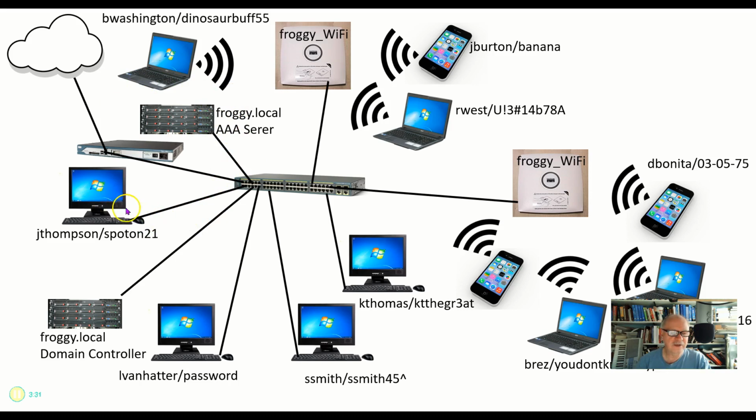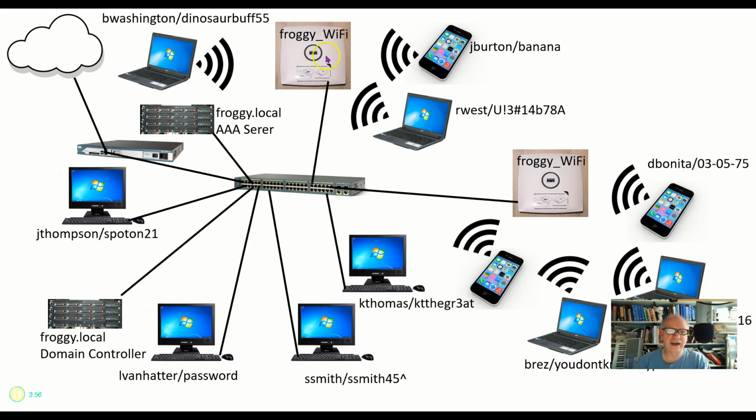So now anybody who logs on either through a wired device here or through a wireless device and an access point needs to know the logon for that company, their personal logon for that company, and the AAA server here will authenticate that person. And notice that these are no longer wireless routers.